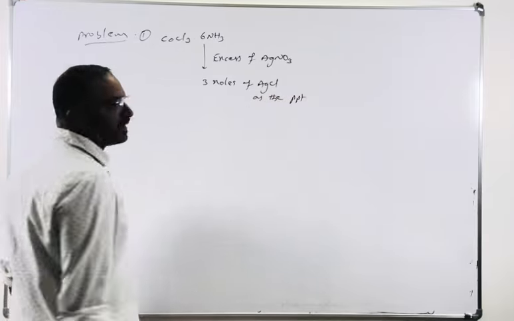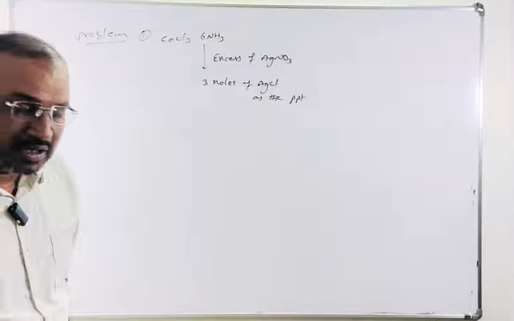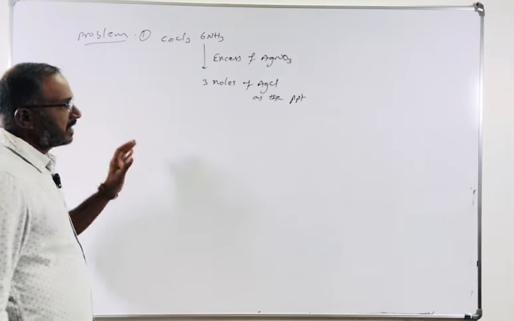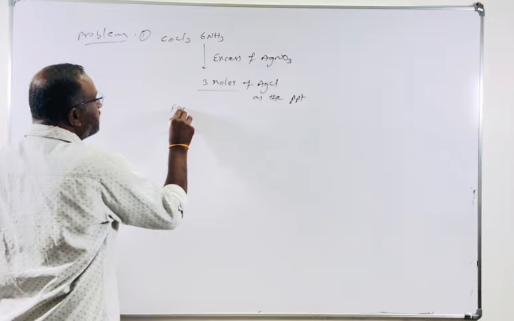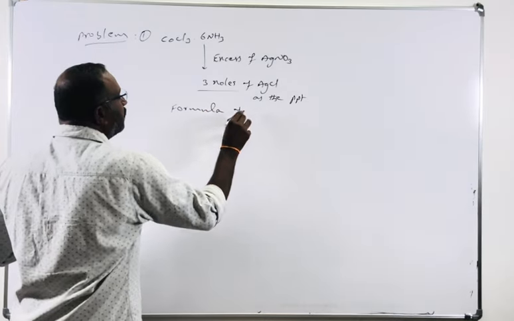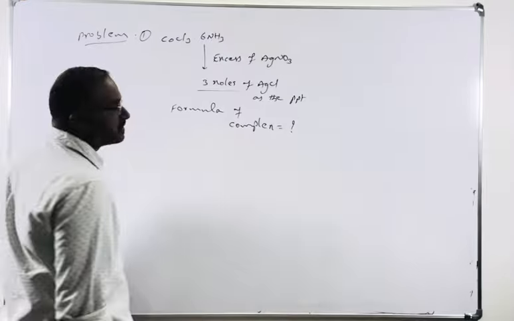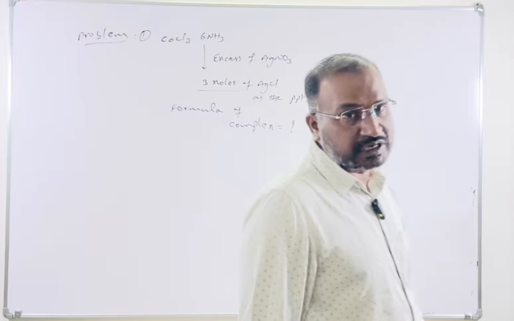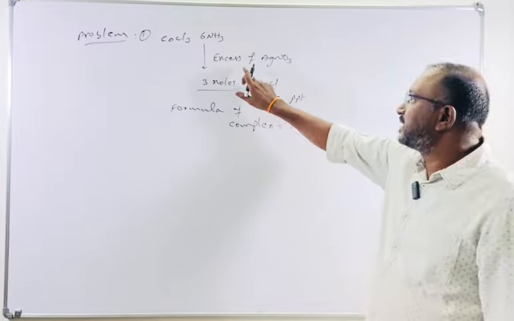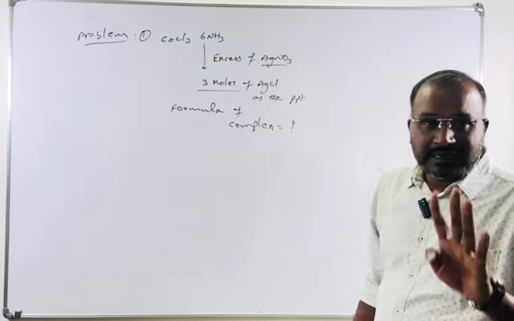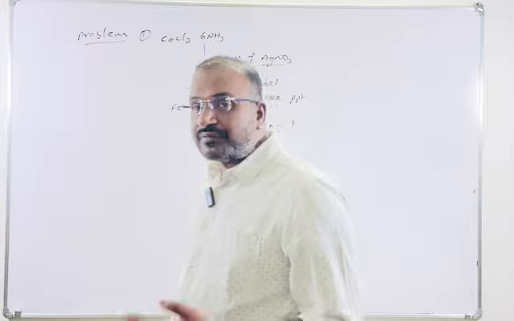PPT means precipitate. So what is the structure of the molecule and what is the exact formula of the complex? This is the question. I am writing the total question in short form. So when CoCl3·6NH3 is treated with excess of AgNO3, it is giving 3 moles of AgCl. What will be the formula of the complex?